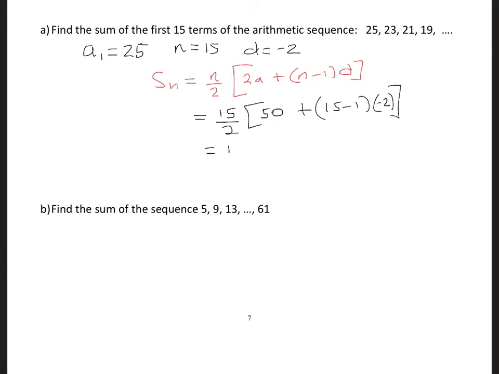So this will be 15 over 2, and this is 50 minus, this is 14 times negative 2. So this is going to be times 22.